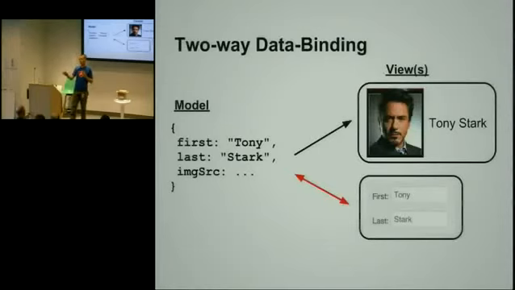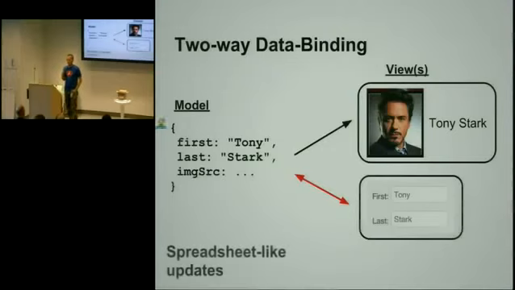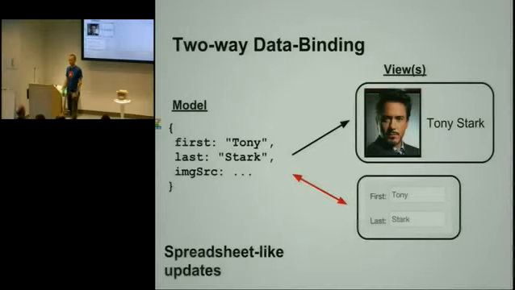And that change will propagate back to the original template, and it will also update the view that is bound through the one-way data binding. So you really get these spreadsheet-like updates, which is really cool, and it's really easy to do and allows you to build very interactive applications with very little code.